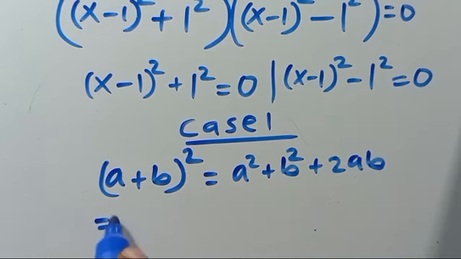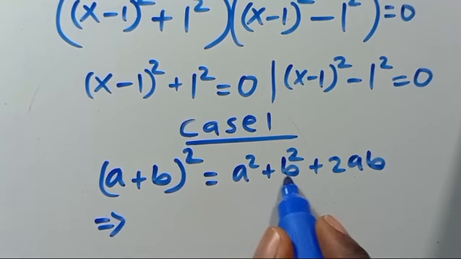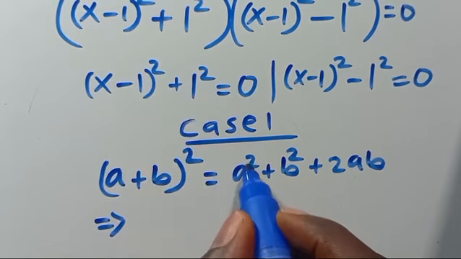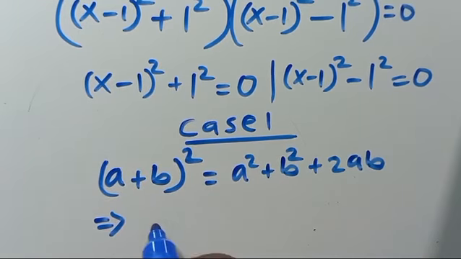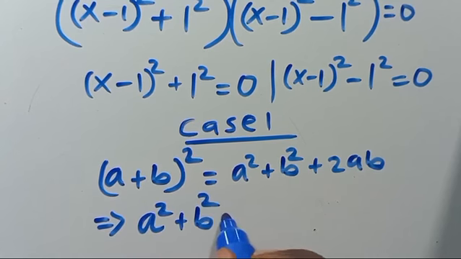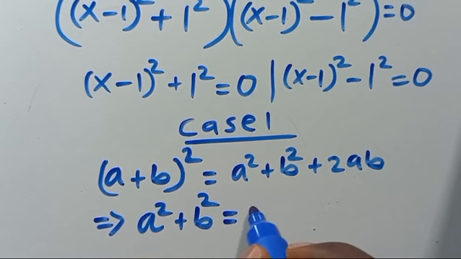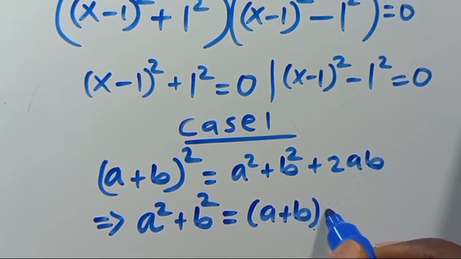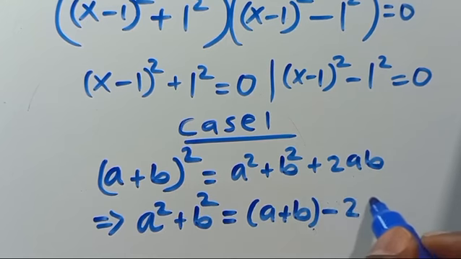And so from here, this implies we are looking for this actually. From this term, there's power 2 and power 2. So we have a^2 + b^2 equivalent to (a + b)^2 - 2ab.